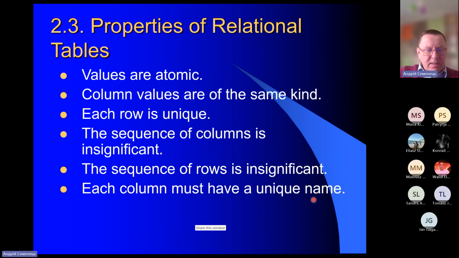The sequence of columns is insignificant, the sequence of rows is insignificant. That's also critical. And each column must have a unique name within a table, of course. It might happen to have the same names within different relational tables.